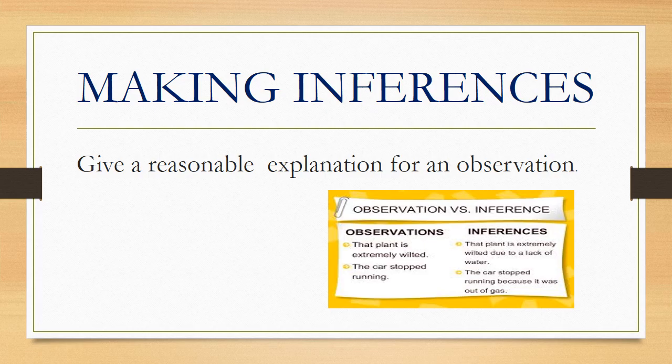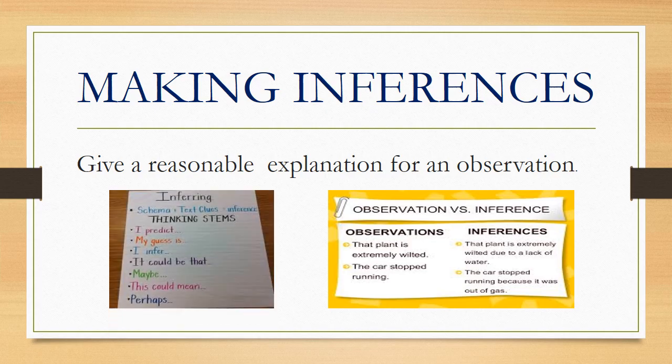Inference is just like you're making the reason. You explain why based on your observation. When you say I predict, my guess is, I infer, it could be that, maybe, this could mean, perhaps. All of these words, you're making inferences every day in your life.